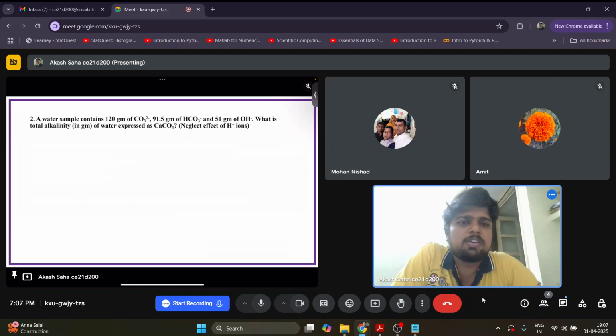Suppose I am giving you the pH as 6. So will it have any effect on the alkalinity? If I am given that with this data, the pH of the system is 6. Okay. So will it affect my alkalinity?